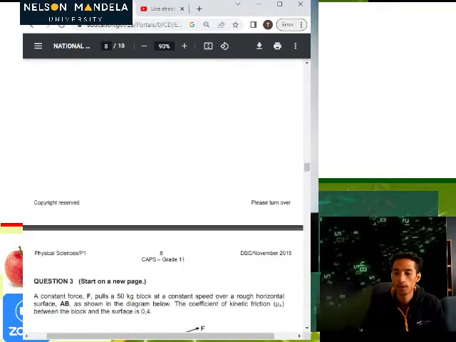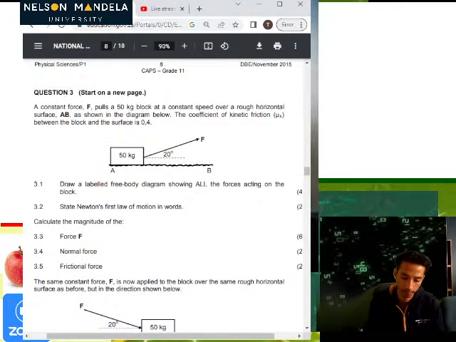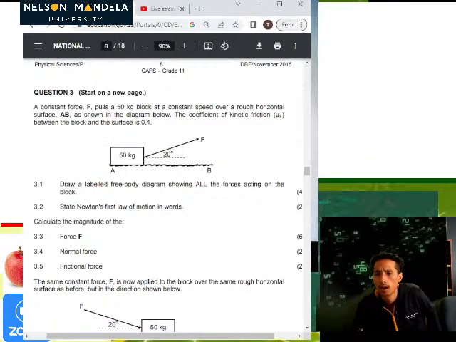Okay, so question 3 tells us that there's a force F, and it pulls a 50 kilogram block at a constant speed over a rough surface AB as shown in the diagram below, and the coefficient of kinetic friction between the block and the surface is 0.4.